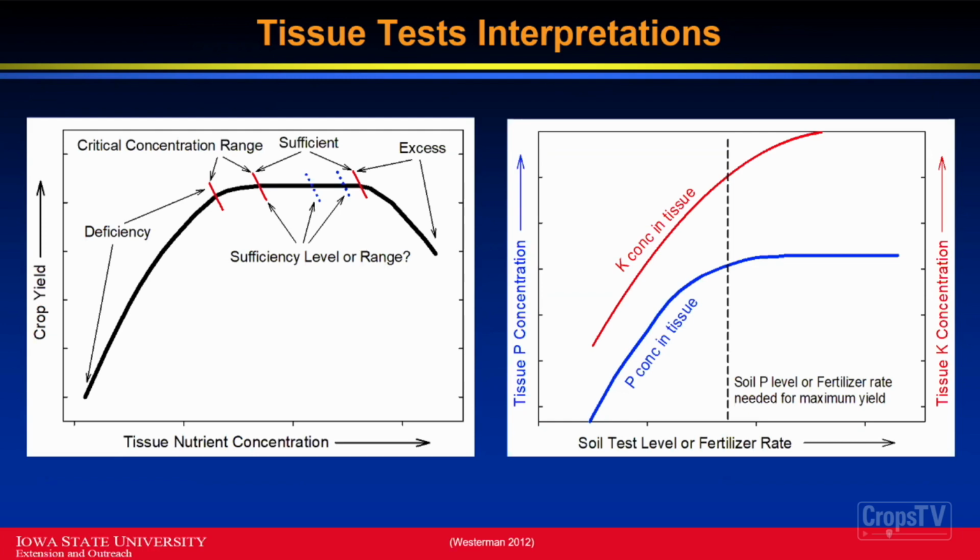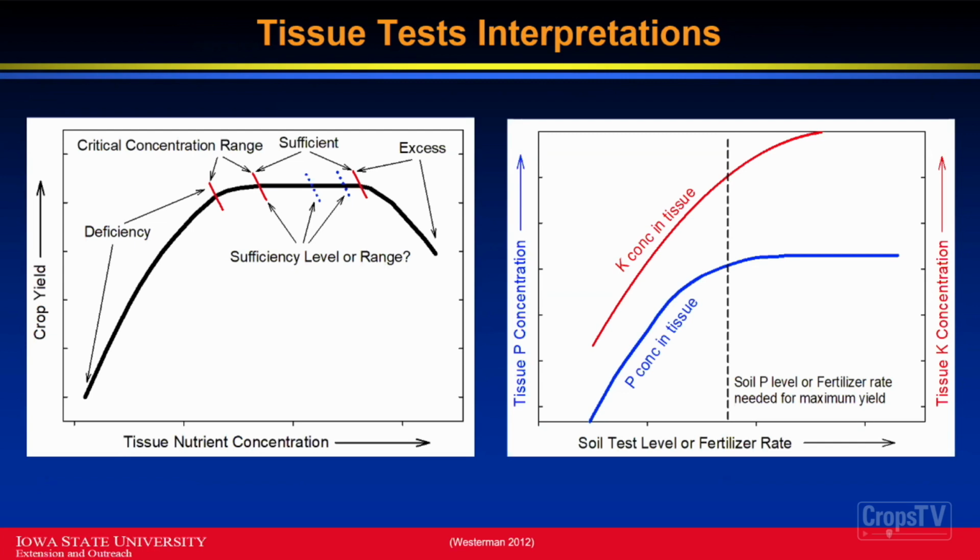What happened is that years ago, especially because of the uncertainty in terms of what the critical level is, some people started talking about a sufficiency level range. Now, the problem is that different people, different states, and different publications don't make entirely clear what in the world they mean when they talk about a sufficiency level.